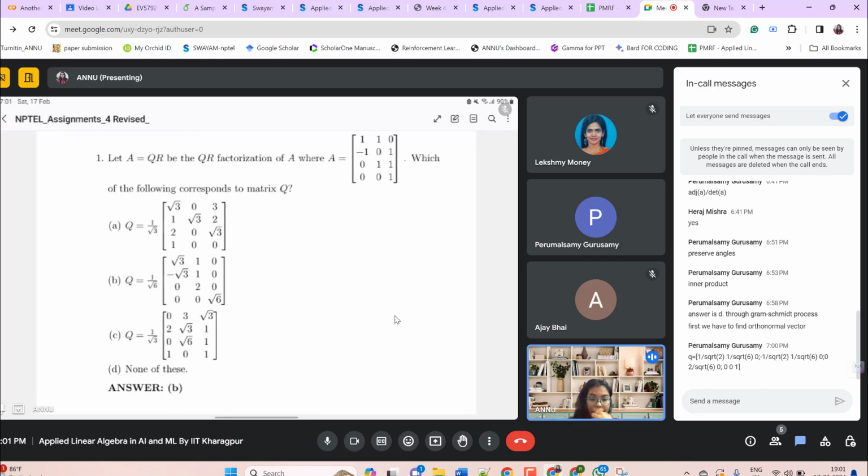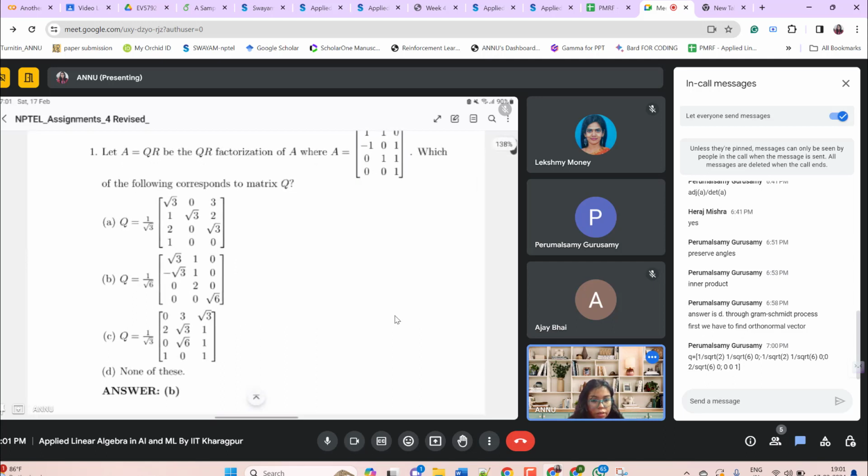Sorry, my camera got off. So yeah, Lakshmi, thank you for your Gram-Schmidt orthogonalization. That is great. That is also one of the ways. But yeah, I think sir didn't teach about Gram-Schmidt in the class till now. I guess so. So we have to find first.